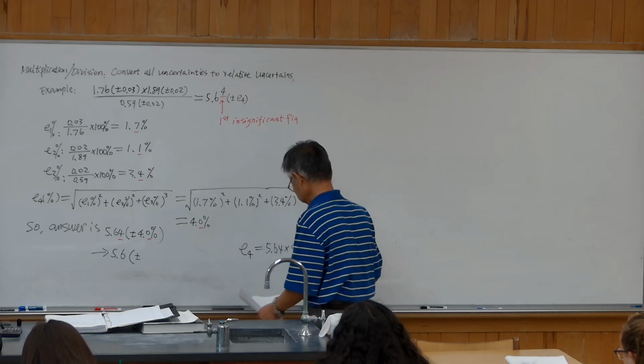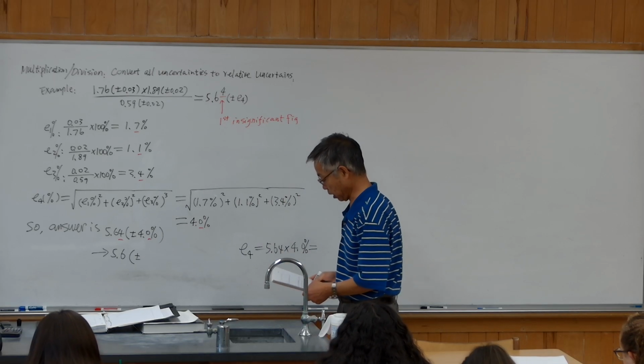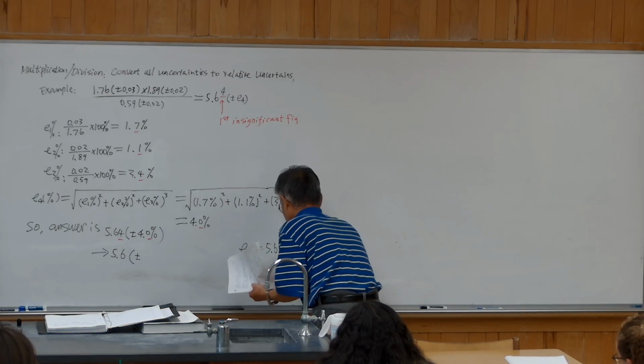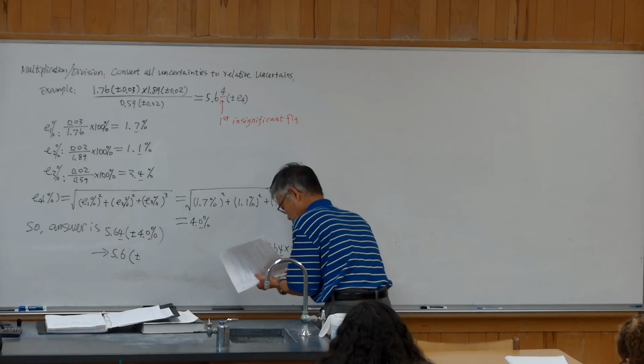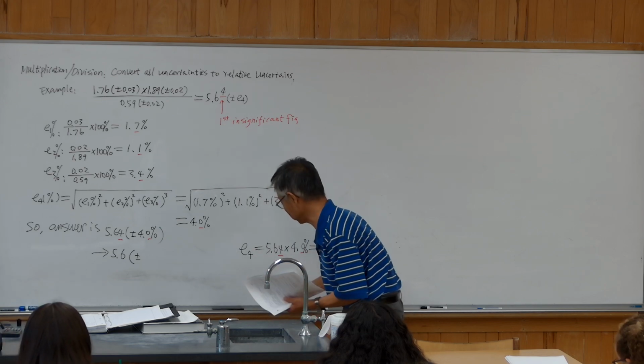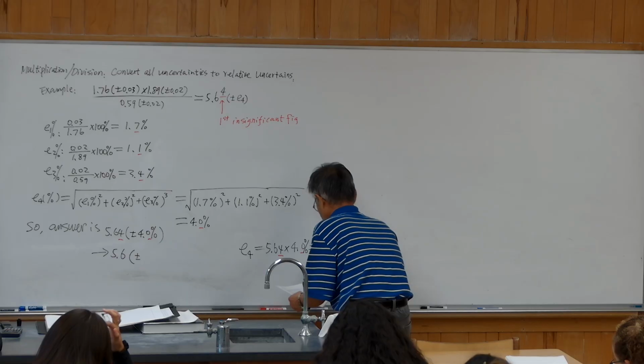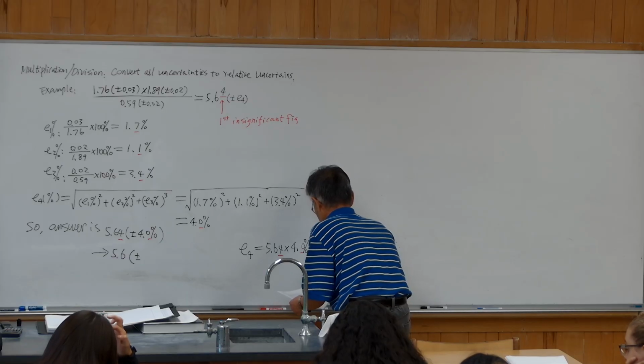Use calculator. 5.64 times 4%. Still keep the extra digit, because this is not a final answer yet. This gives you a number, 0.23.